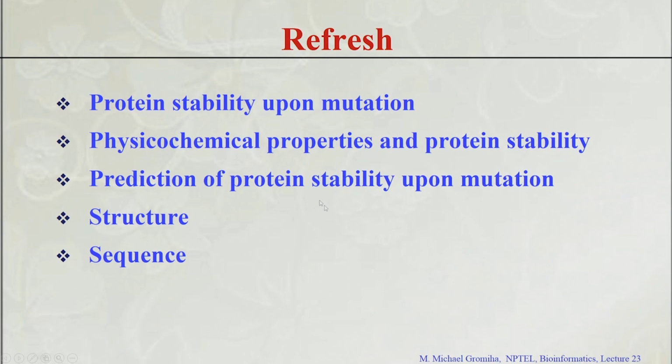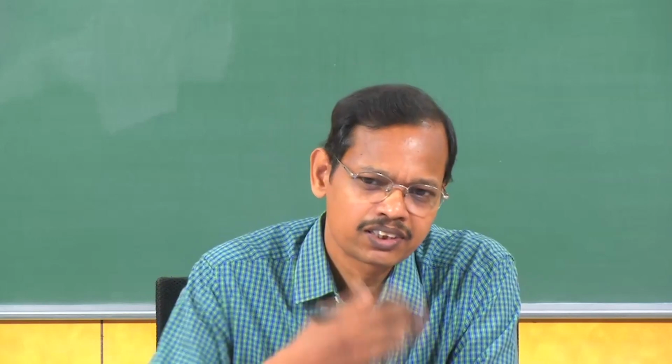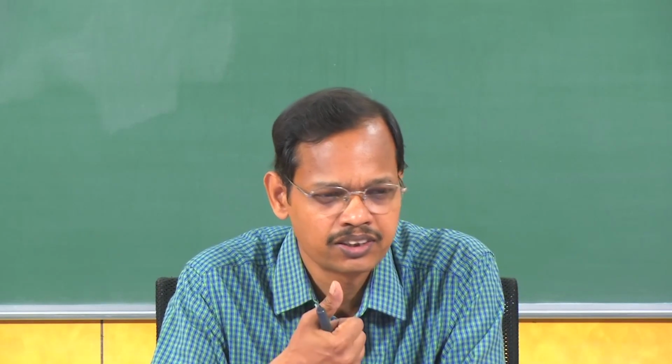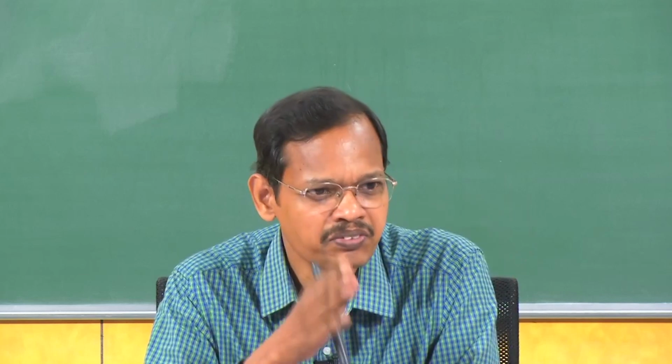Then we discussed the inclusion of sequence information or structure information, with the different neighboring or surrounding residues. And then we discussed the potentials. There are two types of potentials: the distance potential and the torsion potential, and we combine these two potentials to predict the stability change. These are from the structures.